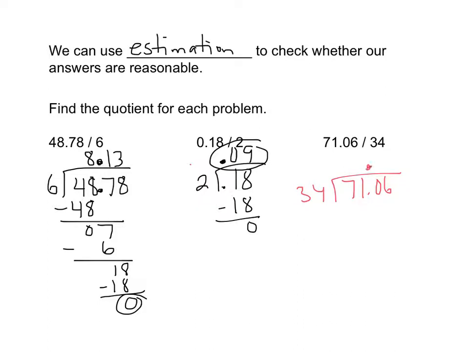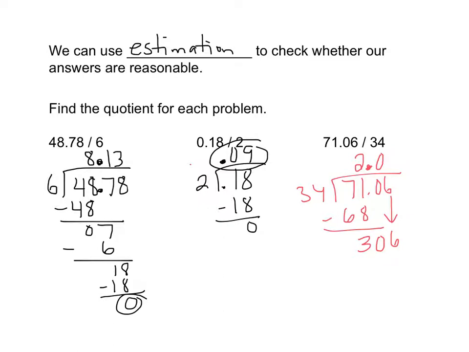Okay, I would start by always bringing your decimal point up just so you don't forget where it is. But anyway, so 34 goes into 71 twice, which would be 68, which leaves us with a 3. Bring down the 0. 34 cannot go into 30, so I'm going to put a 0 there and just bring down my 6 as well.